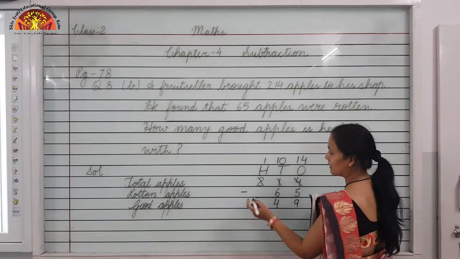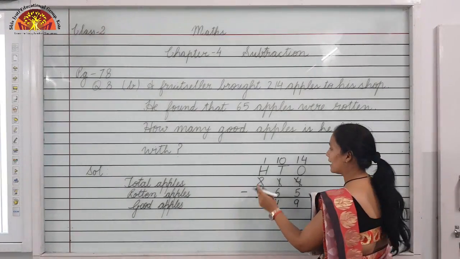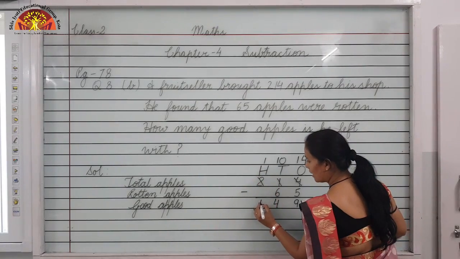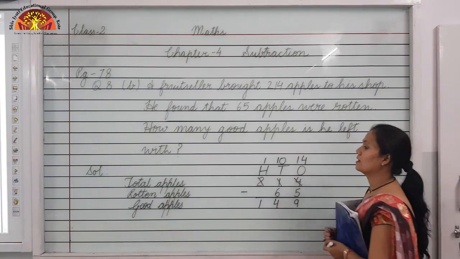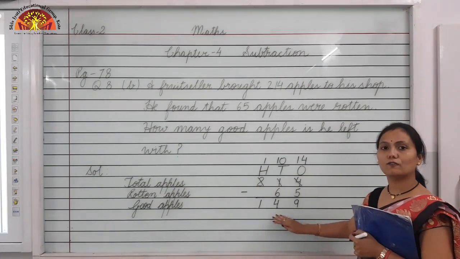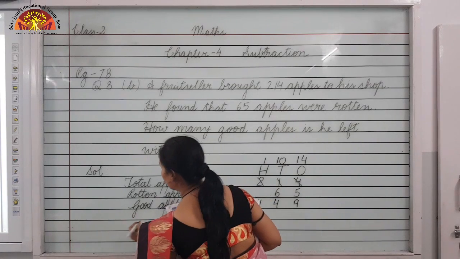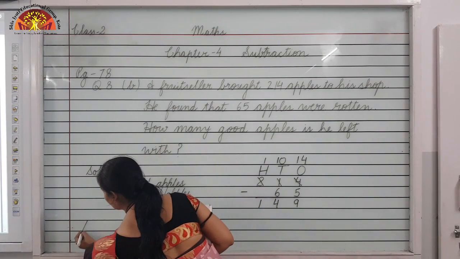Now there is no number to subtract from 1. So we will write 1 at hundreds place. So the number of good apples is 149. So we will write here answer.